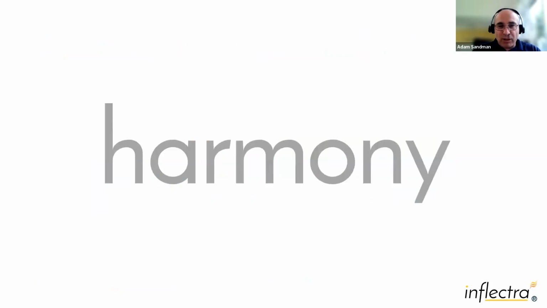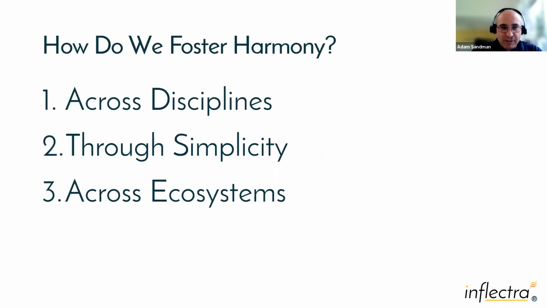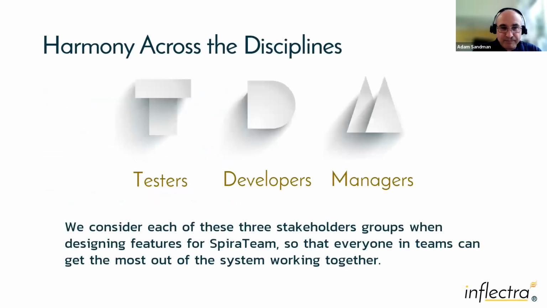And why is this the case? Well, at Inflectra, our company philosophy is all based around the idea of harmony, bringing harmony to your projects. And we do that in three major ways, three major themes. One is across disciplines, two is through simplicity, and three is across ecosystems.